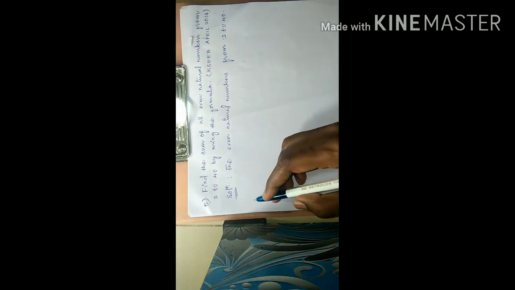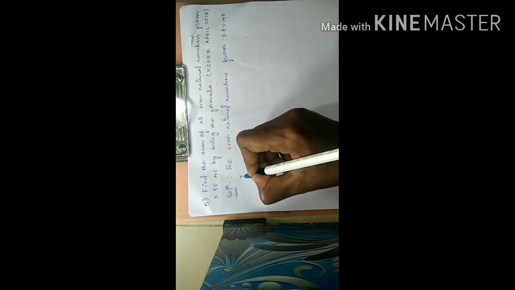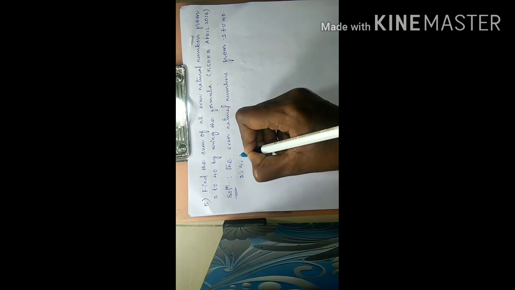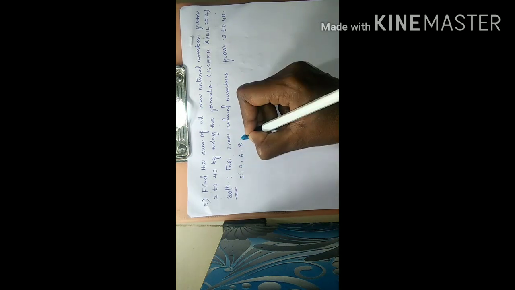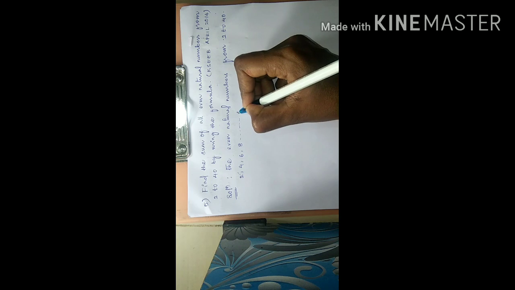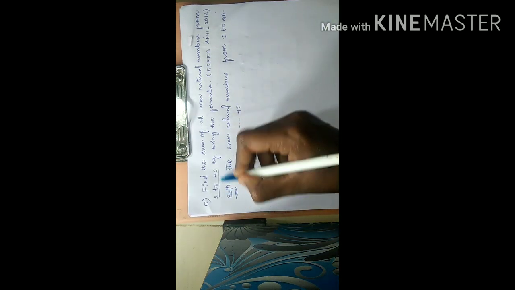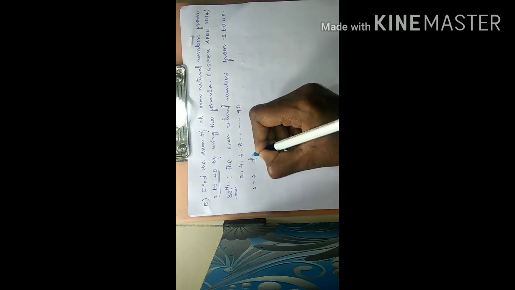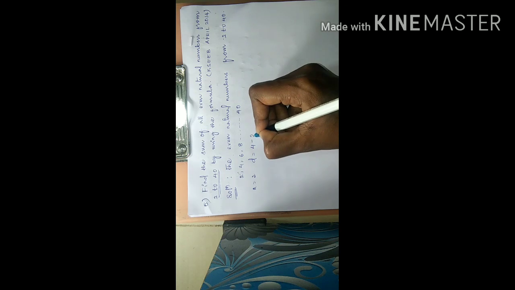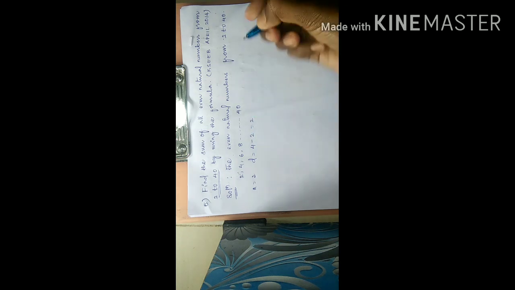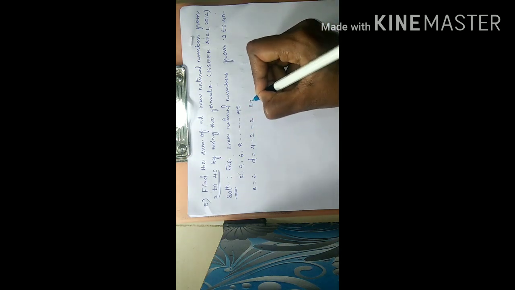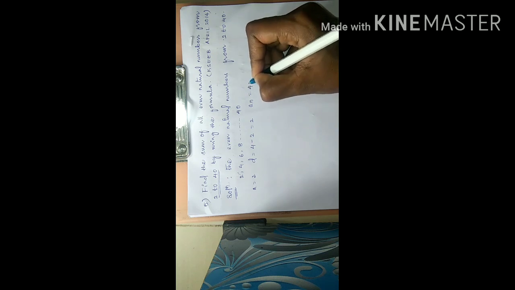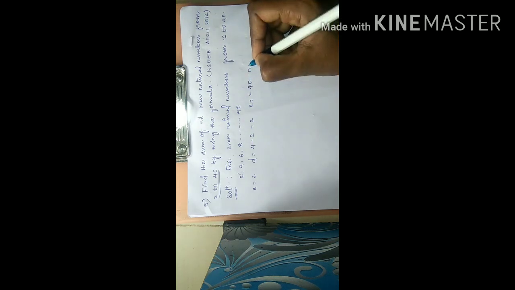Write the sequence: 2, 4, 6, 8 and so on up to 40. Now here a is equal to 2, d is equal to 4 minus 2, which is 2, and an is equal to 40. So n is equal to question mark.